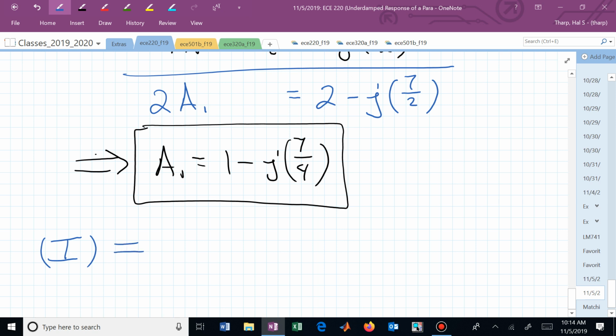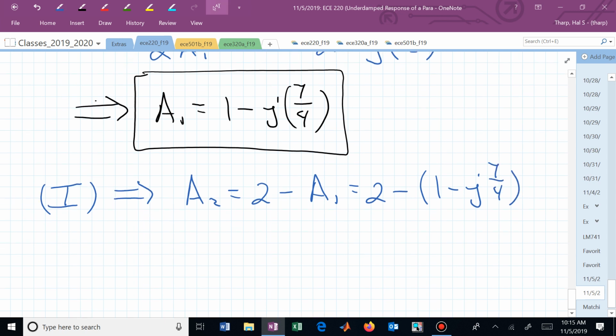A1 plus A2 was 2, so A sub 2 is 2 minus A1. This is 2 minus (1 minus j 7 over 4), so A sub 2 becomes 1 plus j 7 over 4.